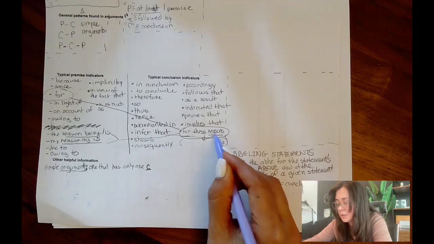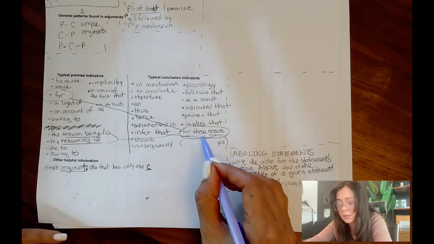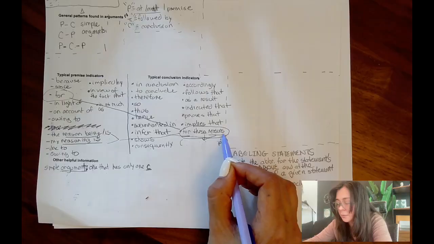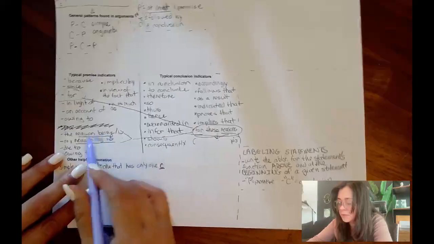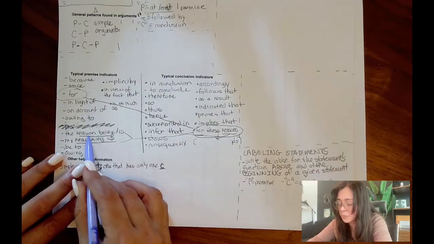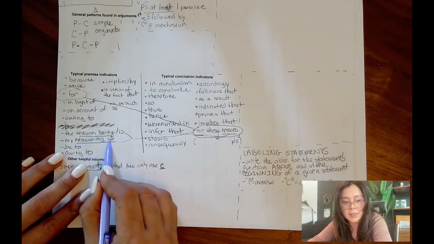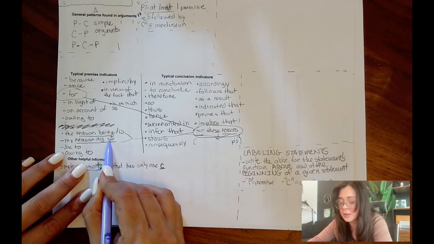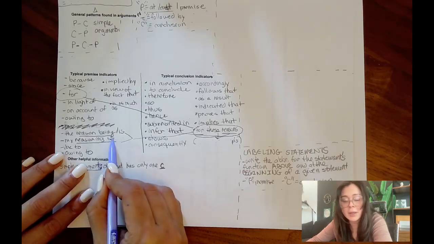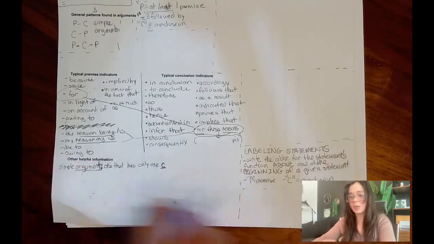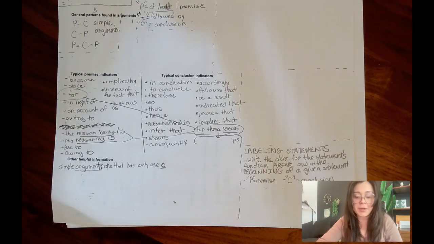If you see reasons used with a phrase like for these, then you know that you're probably getting a conclusion or a conclusion indicator. If you see reason being used like this, the reason being, my reasoning is, then that is telling you that you might be getting a premise. Hence, they are functioning as, or probably functioning as premise indicators. Okay, we will do a separate video for our last example and our last video in this session.